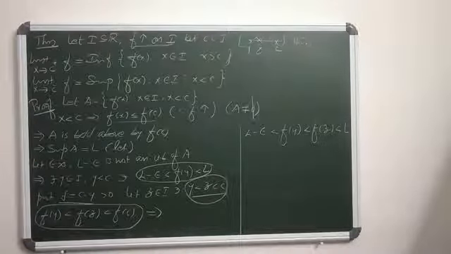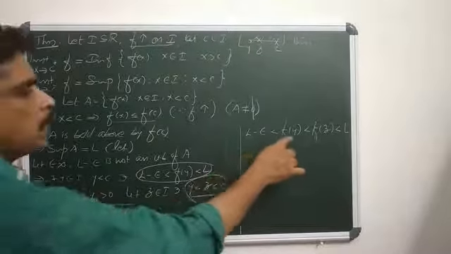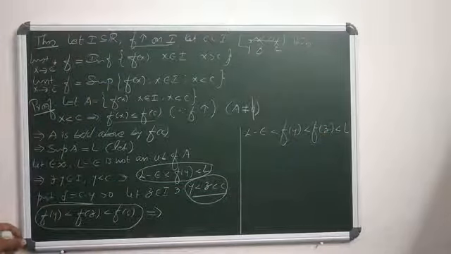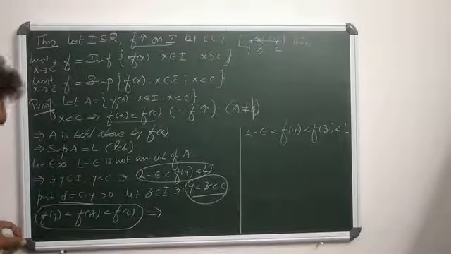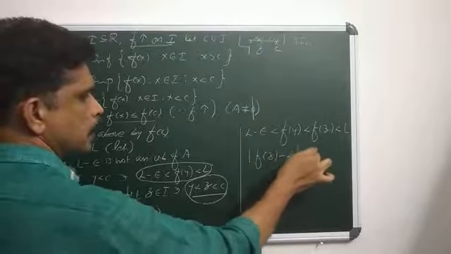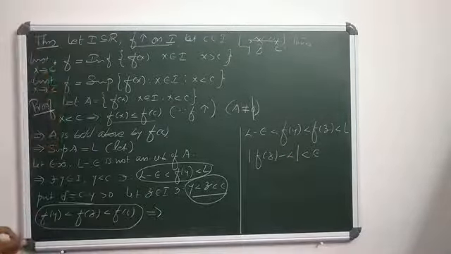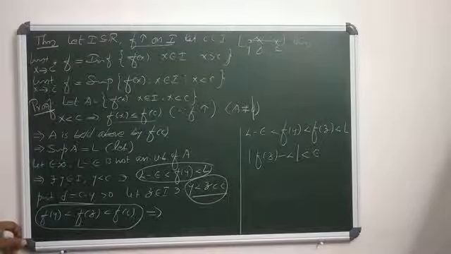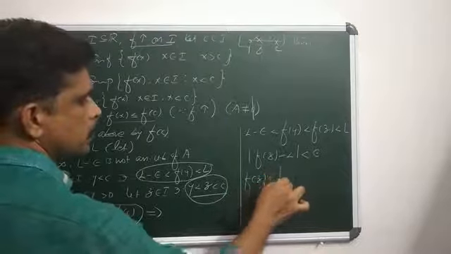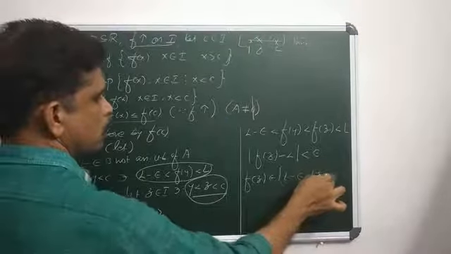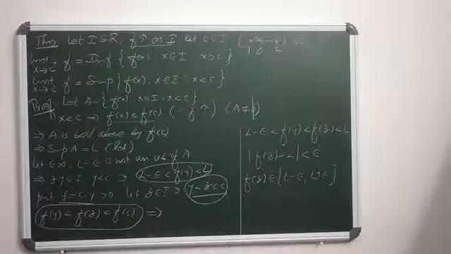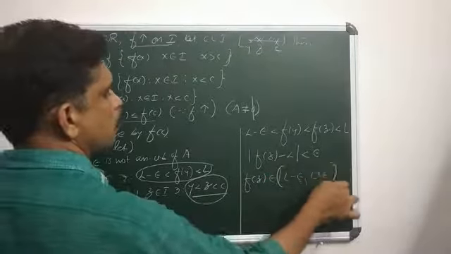So L minus epsilon is less than f of y, less than f of z, less than L. That means the modulus of f of z minus L is strictly less than epsilon. Clear? So f of z lies in the open interval L minus epsilon and L plus epsilon.